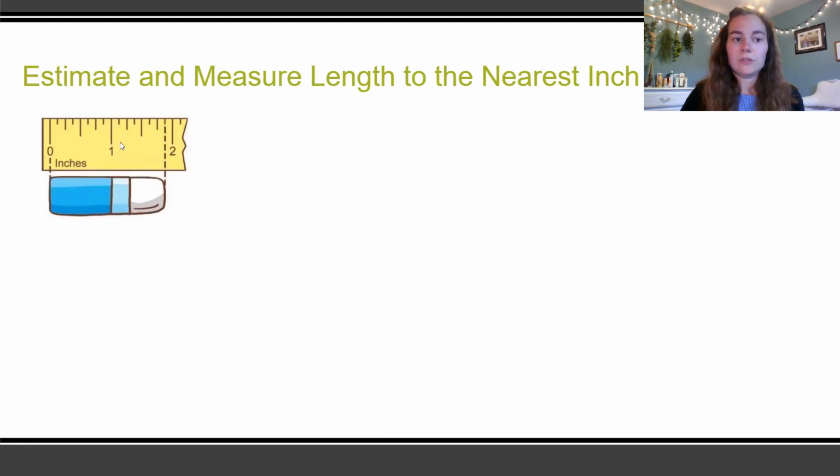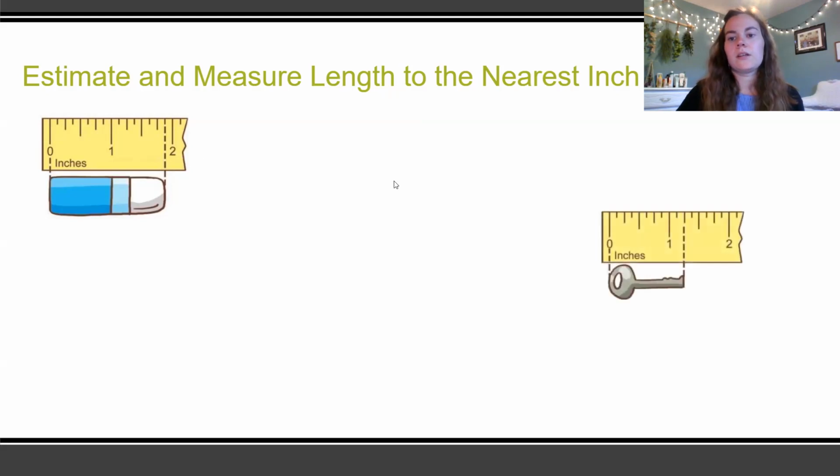And if it was closer to the 1-inch mark, then I would say it's closer to 1 inch. But because it's at this line here, which is only one little jump away from 2, it's safe to say 2 inches.